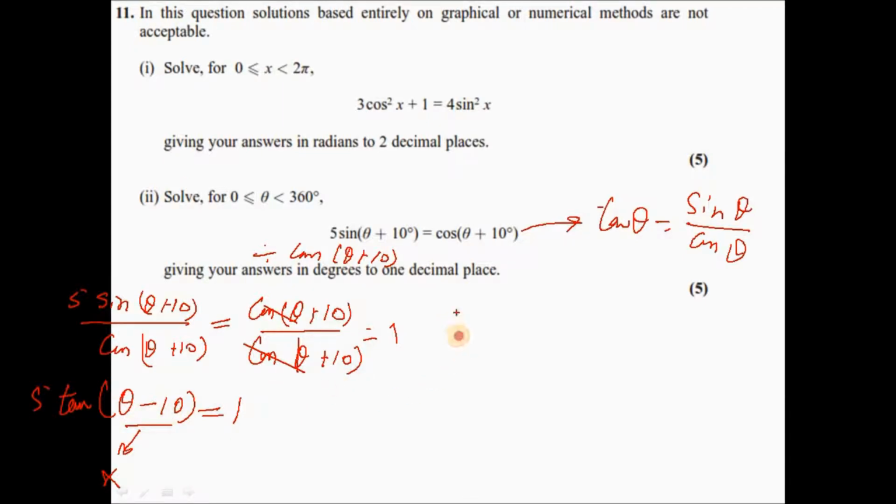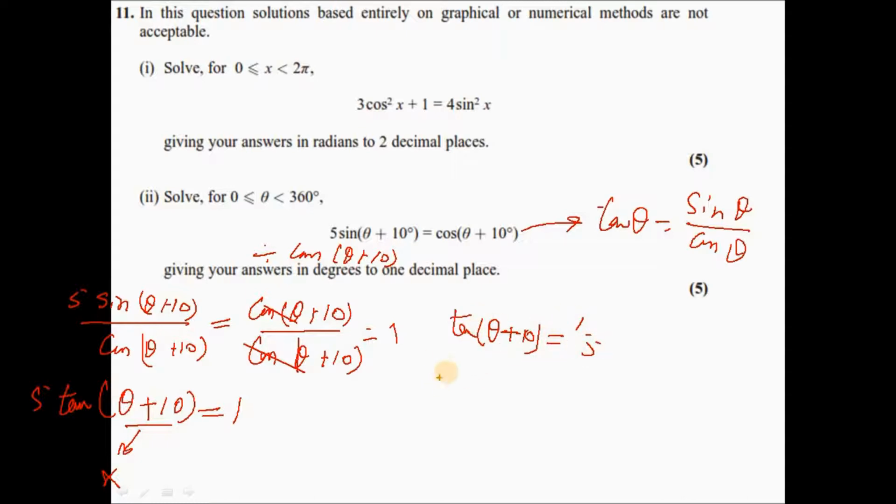So tangent theta, it is not minus, this is plus, tangent of theta plus 10 is equal to 1 upon 5.